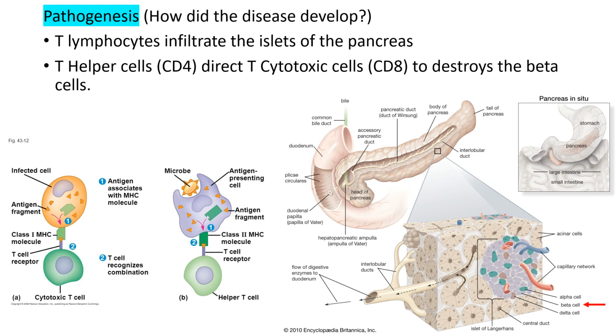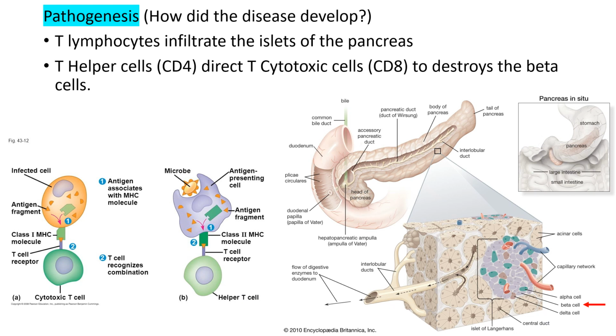Your T lymphocyte is going to infiltrate the islets of the pancreas and target those cells that have those polygenic changes, that have those monogenic changes. So the T helper cell is going to release a chemical messenger called a cytokine that is going to stimulate the T cytotoxic cell to destroy the beta cells.